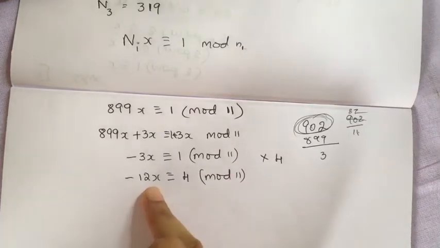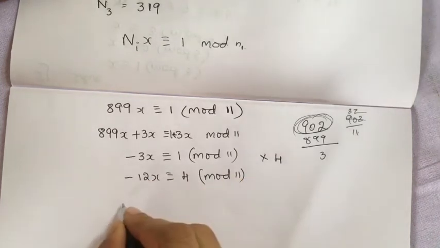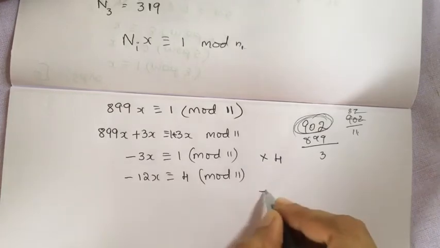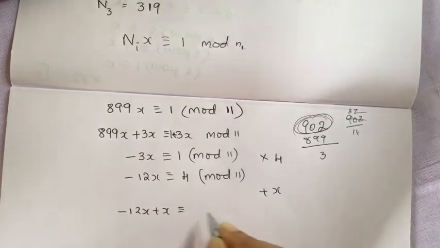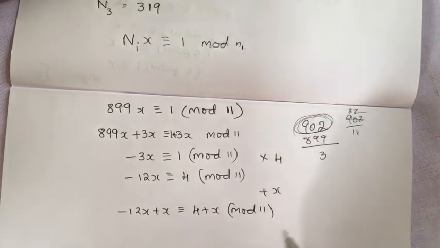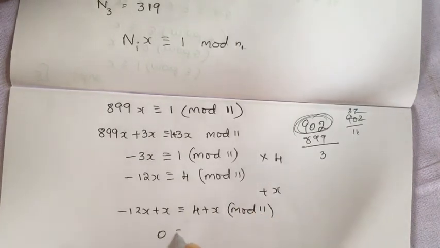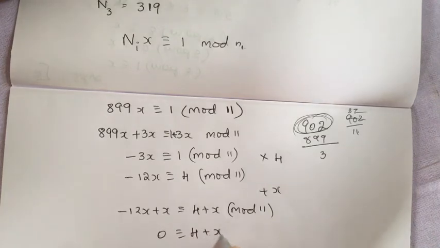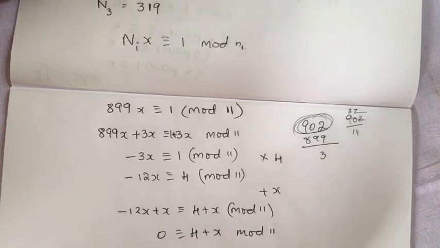If I add x to it, this becomes minus 11x, which is divisible by 11. So minus 12x plus x is congruent to 4 plus x mod 11. Minus 11x is congruent to 0 mod 11, so 0 is congruent to 4 plus x mod 11.